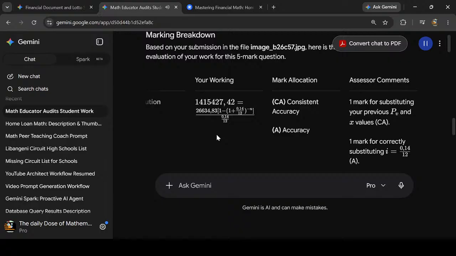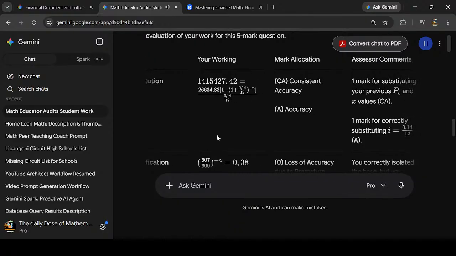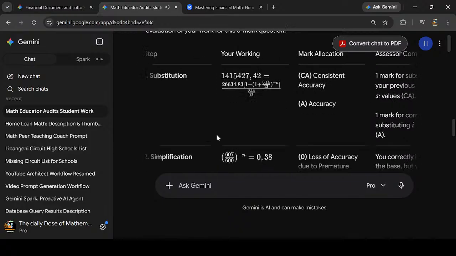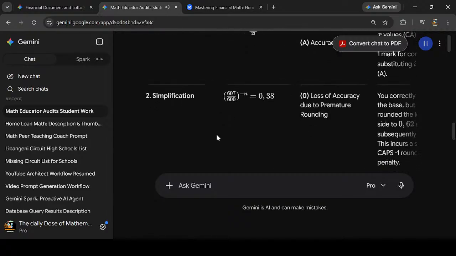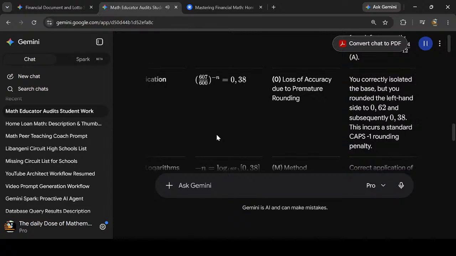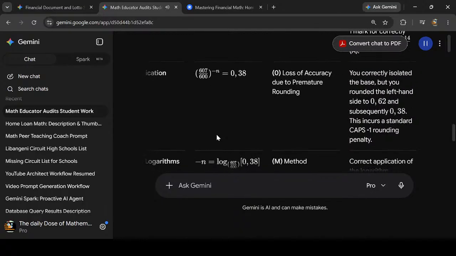CA, consistent accuracy. 1 mark for substituting your previous PV and x values, CA. 1 mark for correctly substituting i equals 0.14 over 12. 2. Simplification: (607/600) to the power of n equals 0.38. Loss of accuracy due to premature rounding. You correctly isolated the base, but you rounded the left-hand side to 0.62 and subsequently 0.38. This incurs a standard CAPS minus 1 rounding penalty. 3.